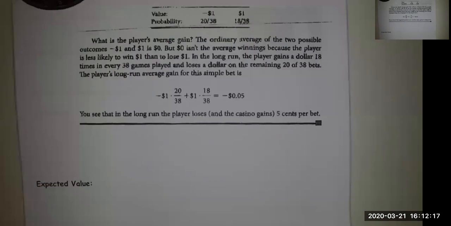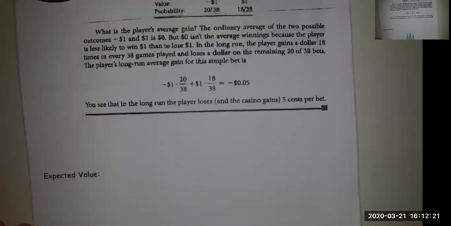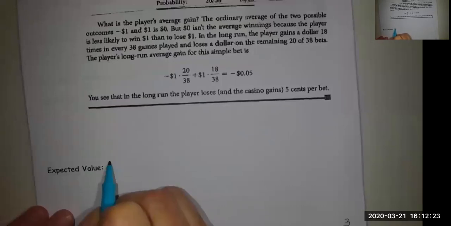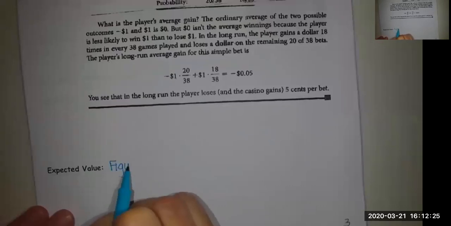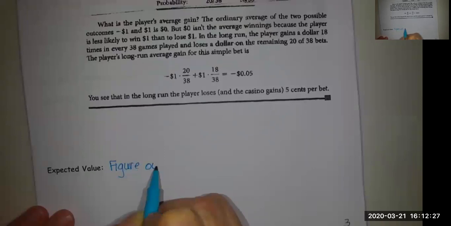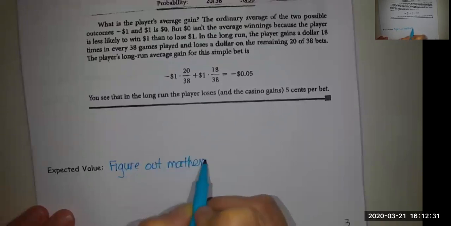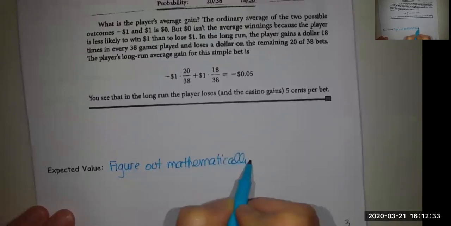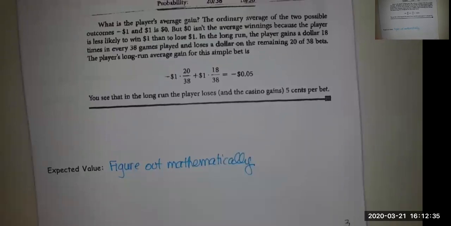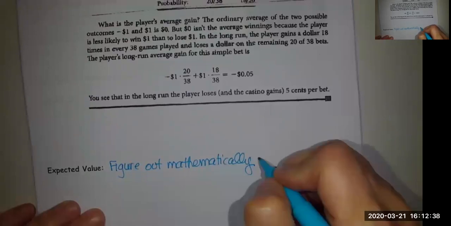But one thing that we want to bring out is the vocabulary word of expected value. So this is where we figure out mathematically, right, what will happen in the long run.